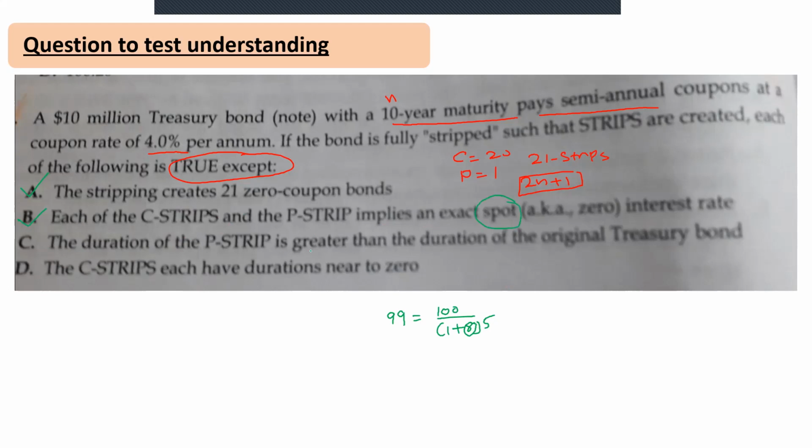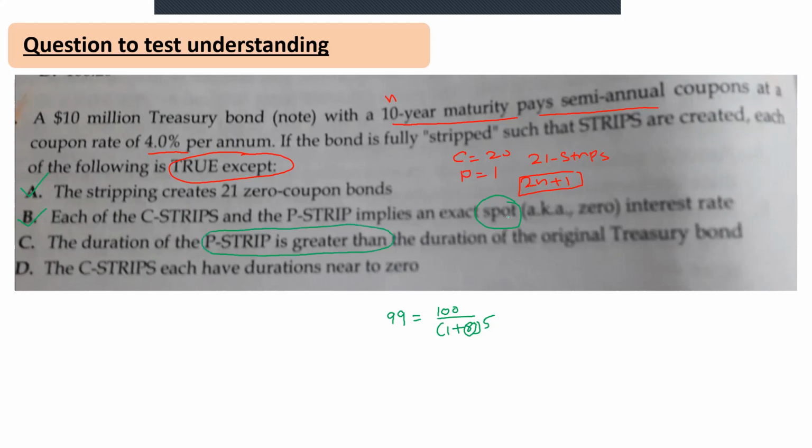And the duration of the P strip is greater than the duration of the original treasury bond. Very important. Just give it a thought, because your P strip does not have any interim coupon payment. You are not receiving any cash flows in between. That's why the duration of the P strip would be greater.